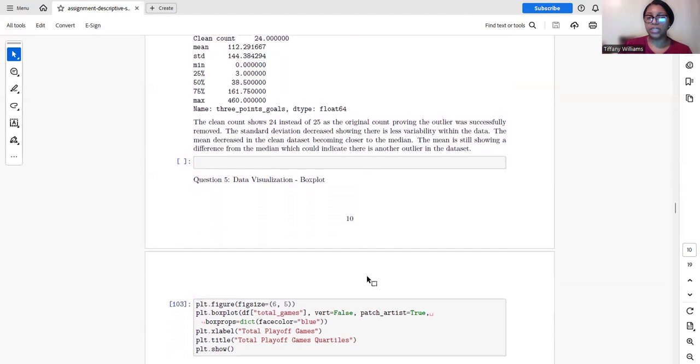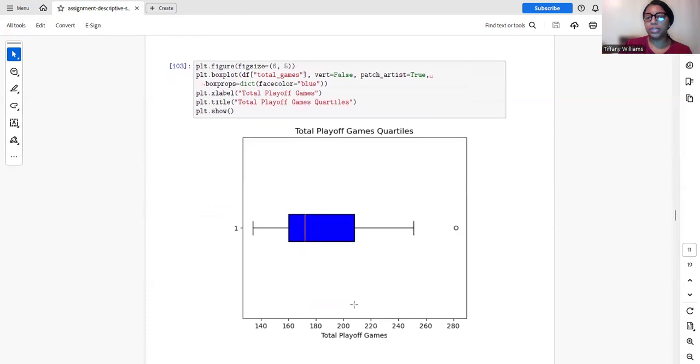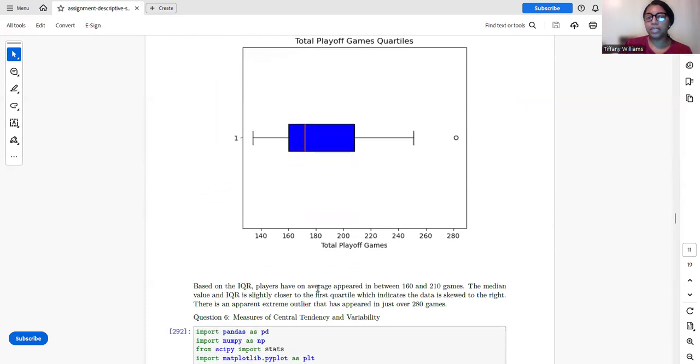Looking at the data visualization for question number 5, I chose to use a box plot and looking at the total games played in playoff games. Here we see that players on average have appeared in between 160 to 210 games.